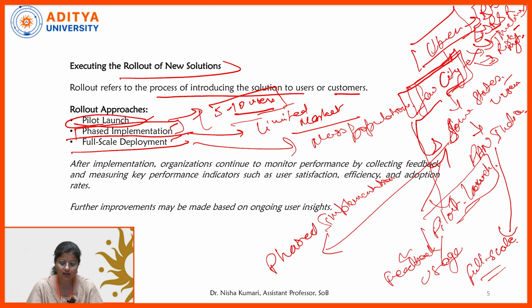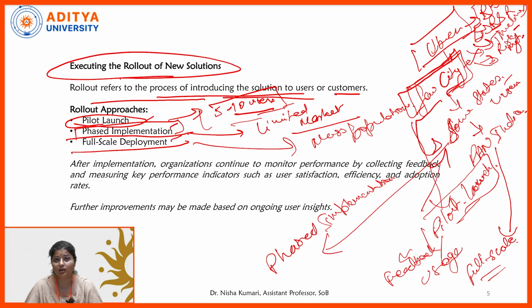So in the implementation part, there is the entire process of introducing the solution to the users or customers, and for that we have three phases. First is pilot, second is phased, and the last is full scale.